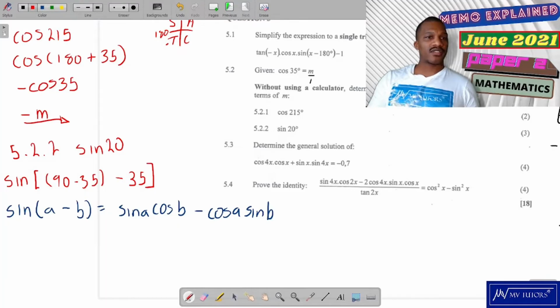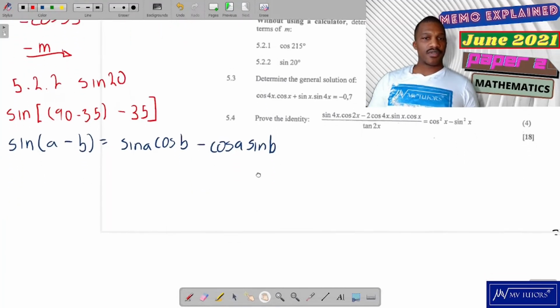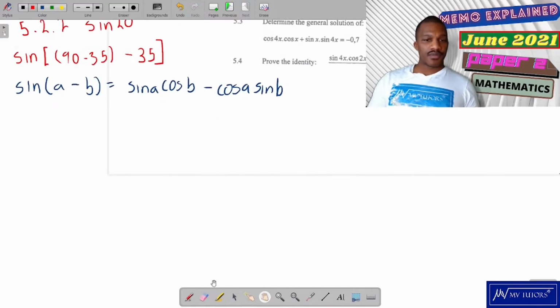All right, so that's the formula. You'll get this from the formula sheet. I just got it from the formula sheet myself. So let's continue with that. So here our a is represented by 90 minus 35, and then our b is the 35.